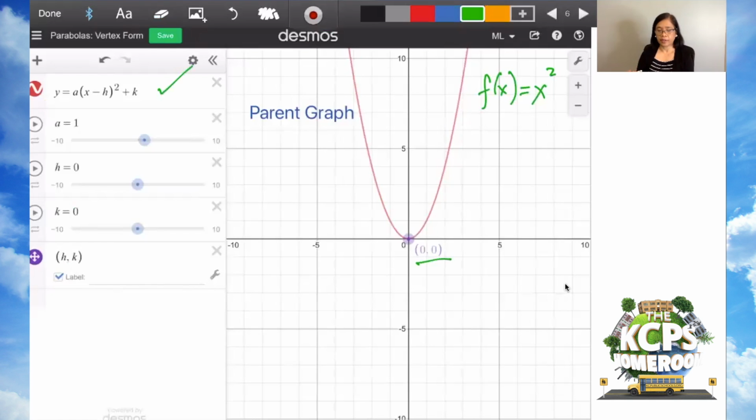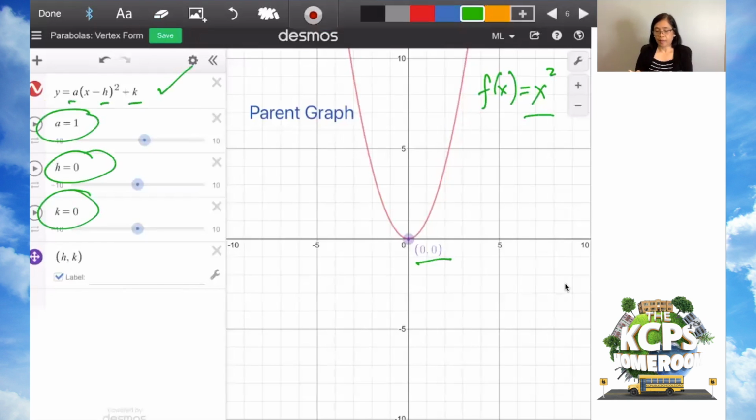So this is now our original graph, x squared. So you now have a, h, and k here. Our value for a is 1. In this case, we have h is 0, k is 0. So we are going to change the values of a, h, and k and figure out what transformation occurs.